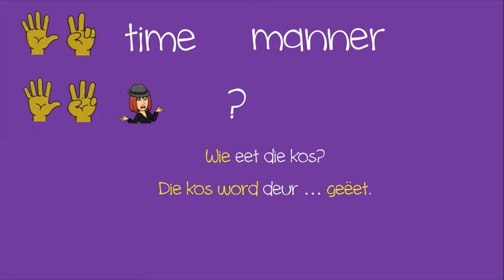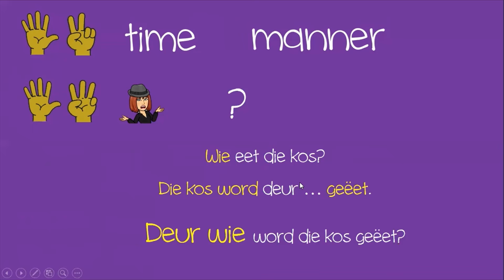But we do not know deur wie it is being eaten, of deur wie word geëet. So we are going to start with deur wie word die kos geëet. Wie koop die kos? Deur wie word die kos gekoop?